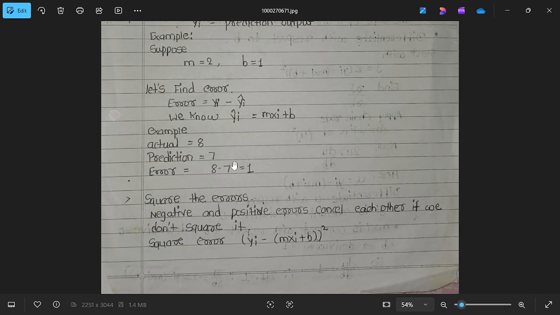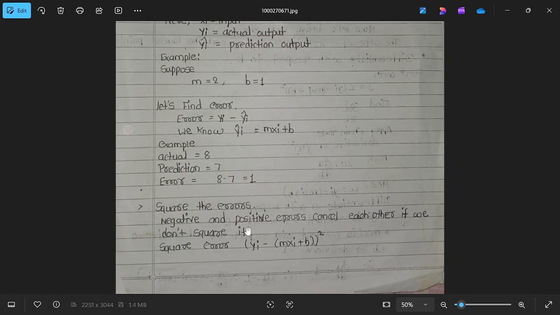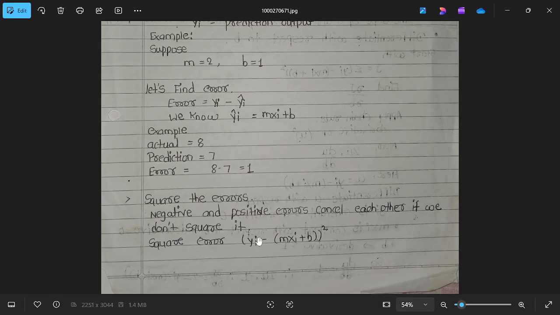This is the main formula of our prediction. So let's take an example where our actual value is 8 but our model predicts 7. Then what will be the error? 8 minus 7 is equal to 1. So here we square the errors, because negative and positive errors cancel.